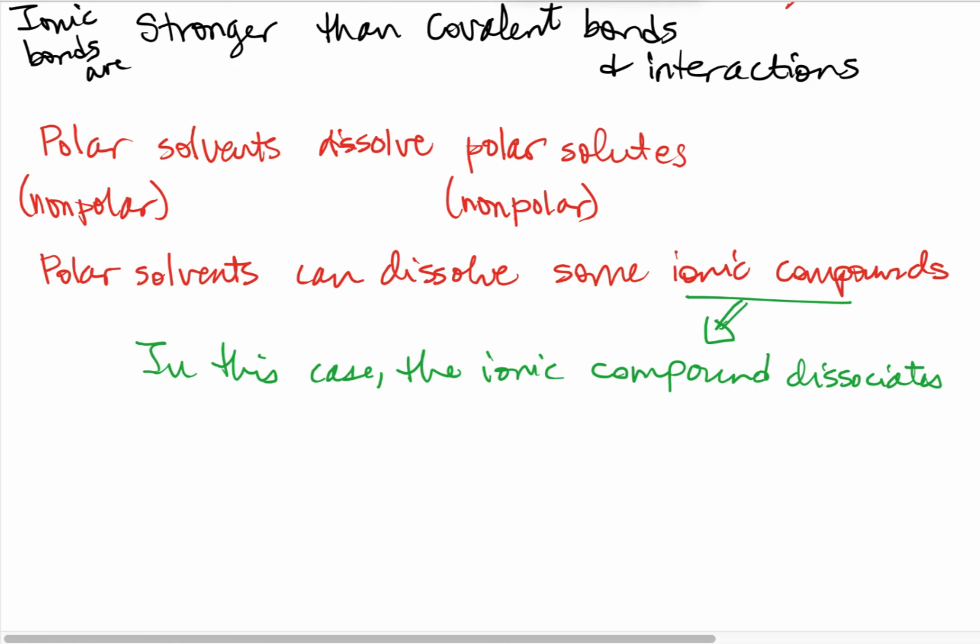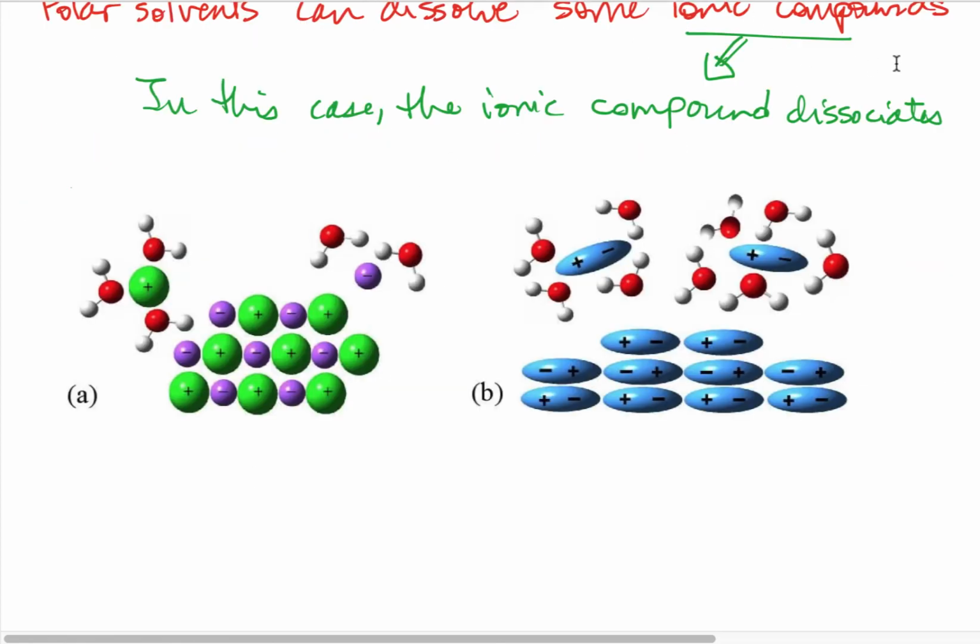So let's illustrate that. On the left, we have a picture of an ionic compound that's being dissolved. You can see that this ionic solid has alternating positive and negative charges. And when those positive cations dissolve, they are going to be associating with the oxygen part of the water molecule. That's these little white and red guys. And then this anion is going to associate with the positive partial charge on the hydrogens of the water molecules. Compare that to a covalent compound that happens to be polar, so it has a partial positive and a partial negative charge.